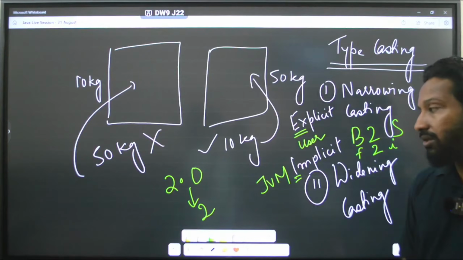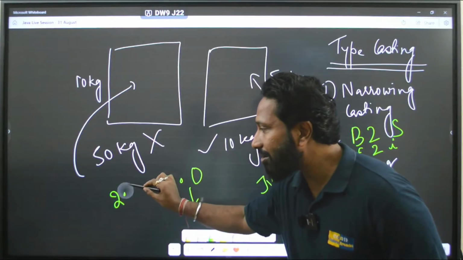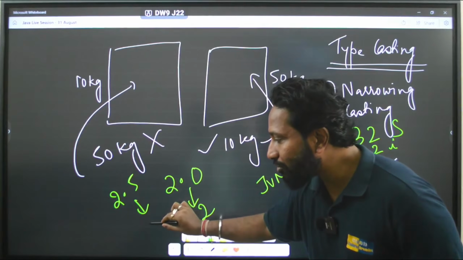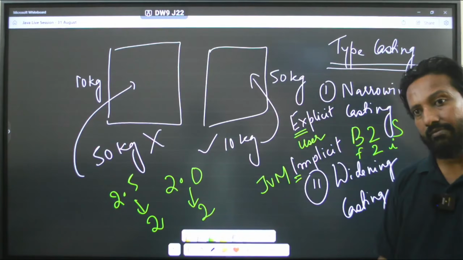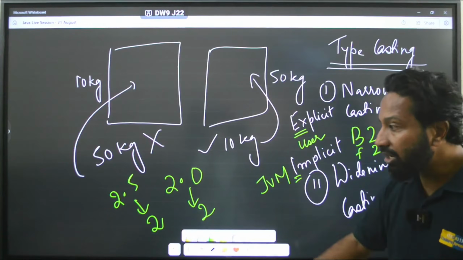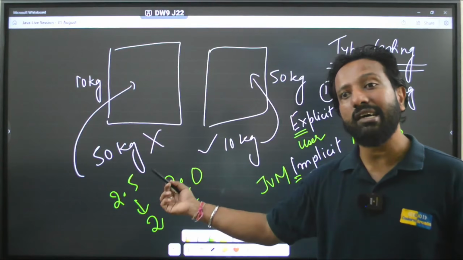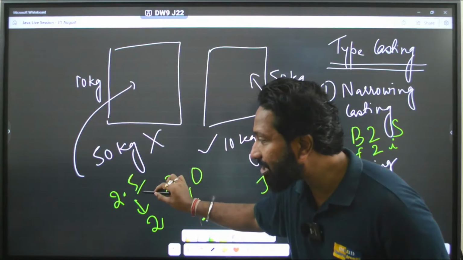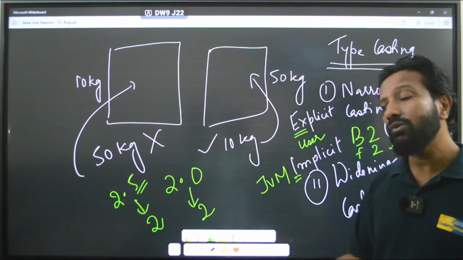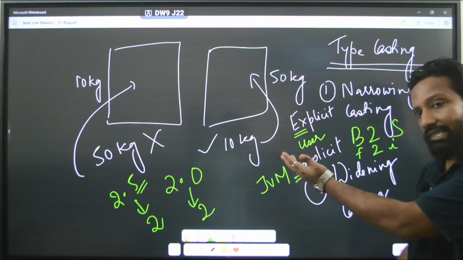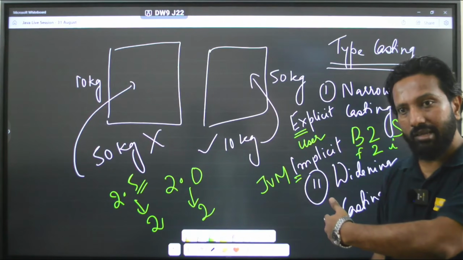So if it was 2.5 and then I am converting it to 2, what is actually happening? Can you tell me, anyone? We are having loss of data because the decimal part is gone. So, in case of narrowing casting, we can have loss of data.